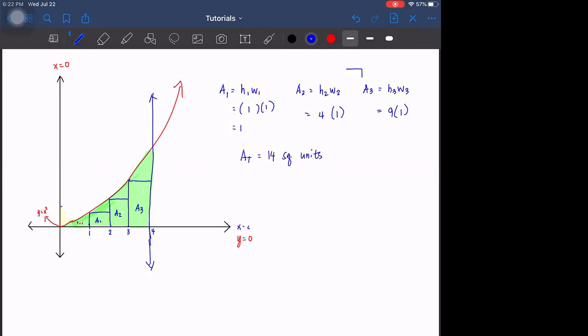Layo ra kayo. But is the real area greater than or less than? Greater. Should be greater than. So, ang true nga area, ang real nga area, expected to be greater than 14 square units, but less than 30 square units.